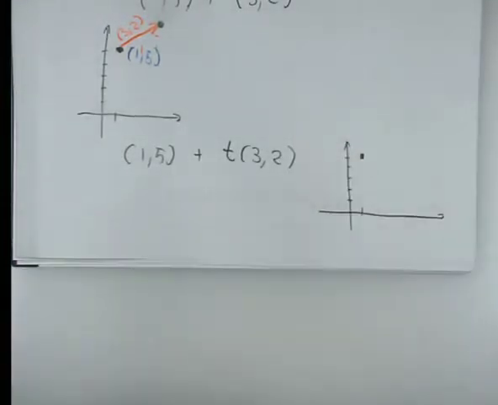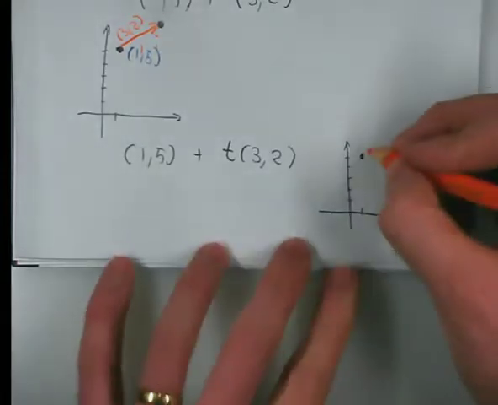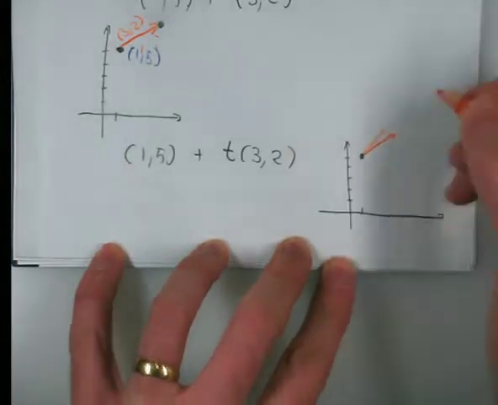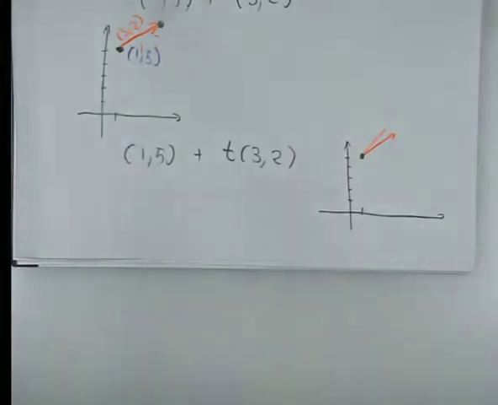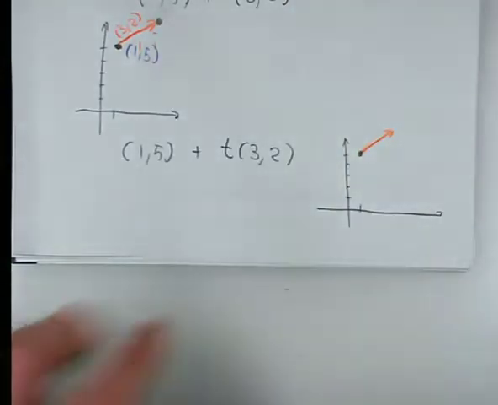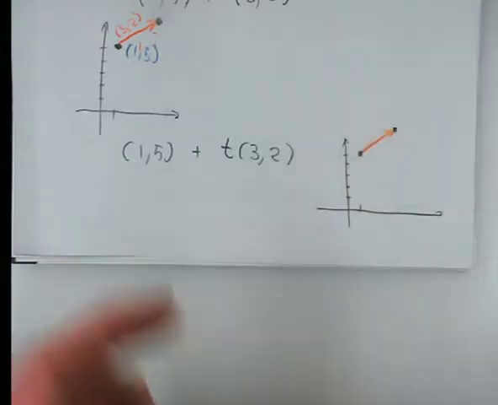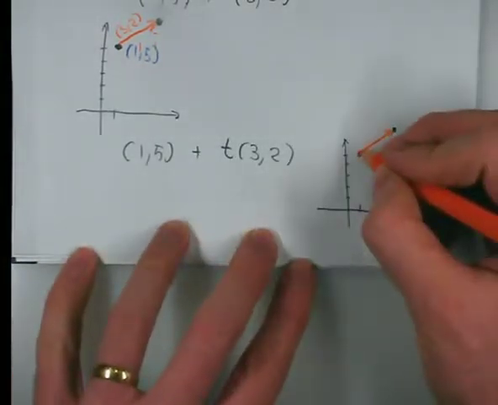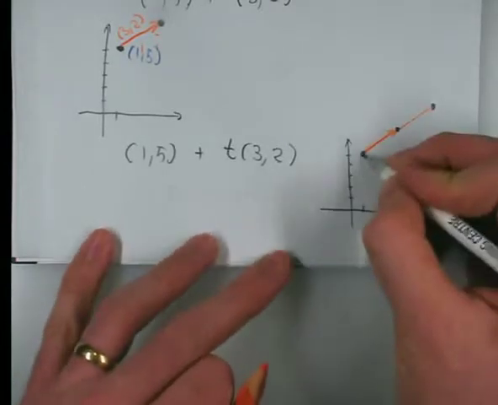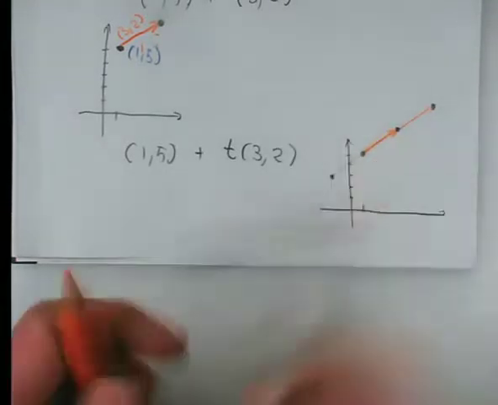Like that, and if t was 1, I would go that far, and I would get this point. And if t was 2, then I'd go twice as far, and I would get this point. And if t was minus 1, I would go in the opposite direction and get this point.